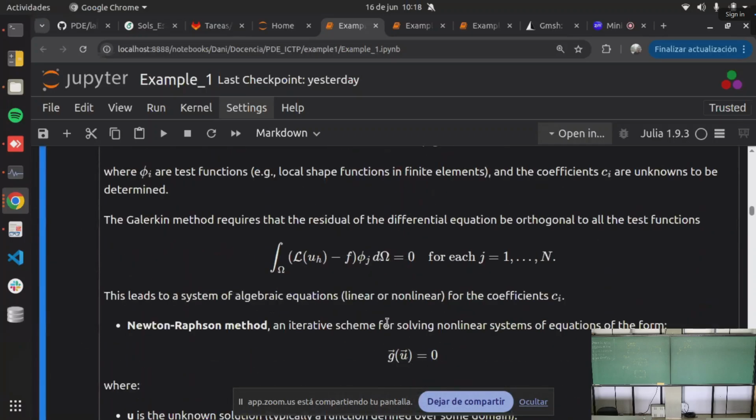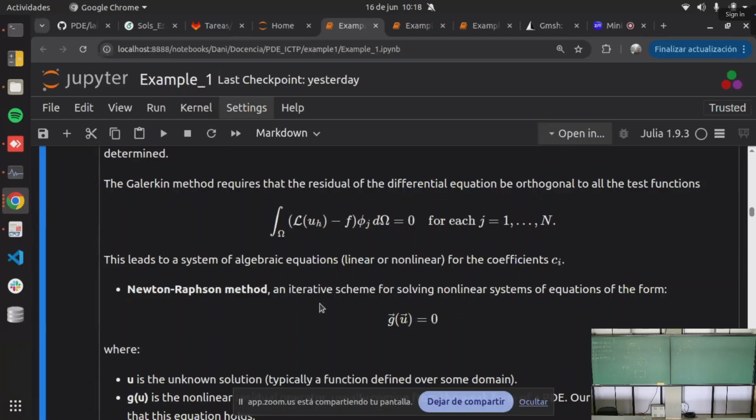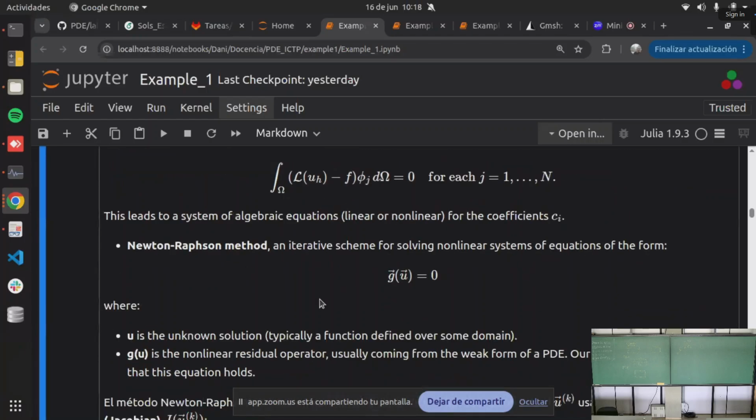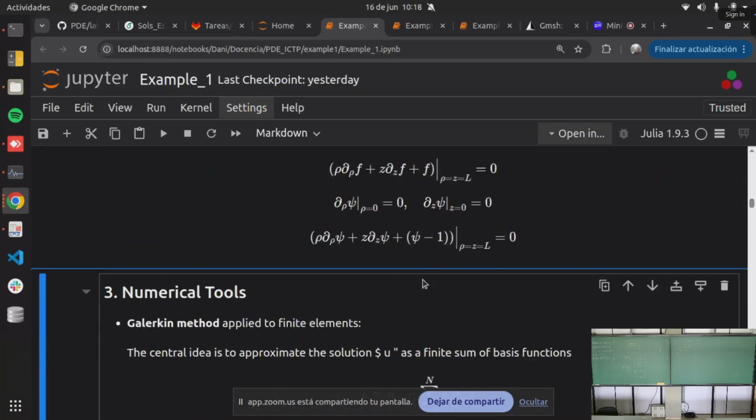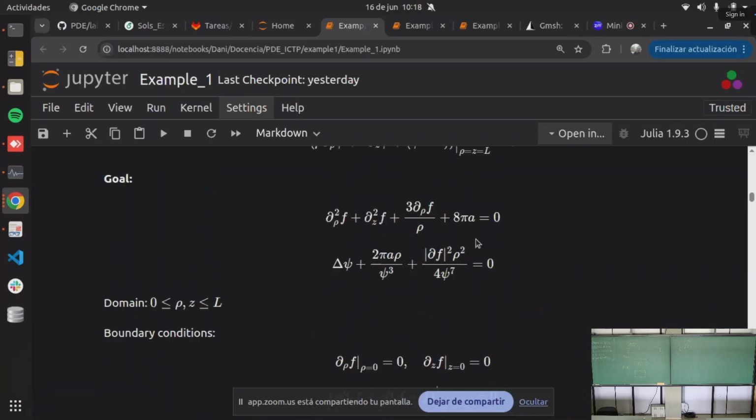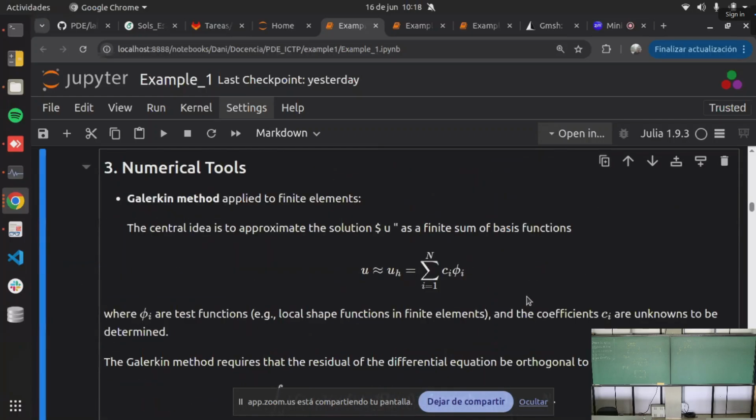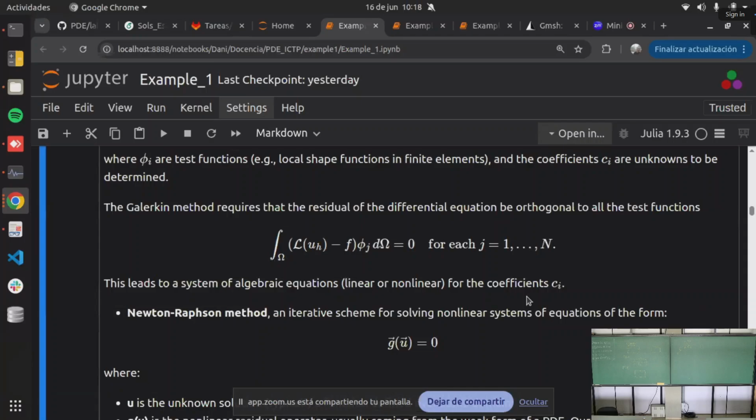So we have to use the Newton-Raphson method for solving that part of the system. This method is an iterative scheme for solving nonlinear systems of equations of the form like this. Note that we will solve first this one that is linear, so we don't have any problem with that. But for this one, we have to use the Newton-Raphson method.